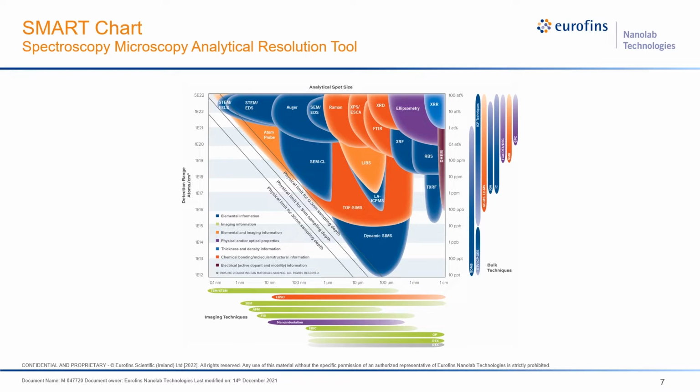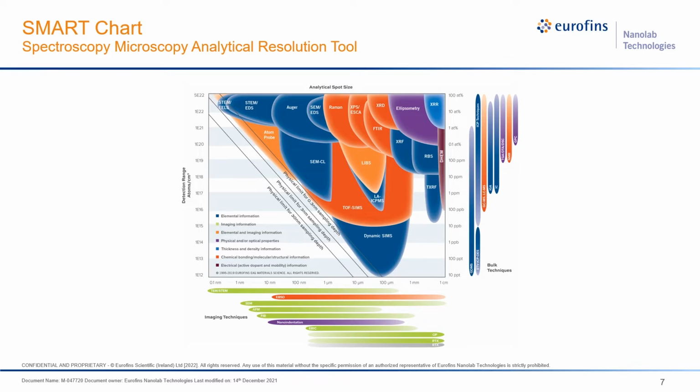Here is a summary of analysis we provide at Eurofins Material Science, called the Smart Chart, or the Spectroscopy Microscopy Analytical Resolution Tool. The x-axis here is spatial resolution, and the y-axis is chemical concentration. There are two kinds of chemical concentrations, either by atoms per cubic centimeter or relative composition.